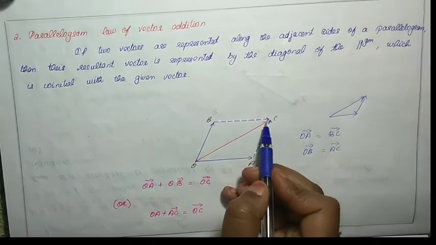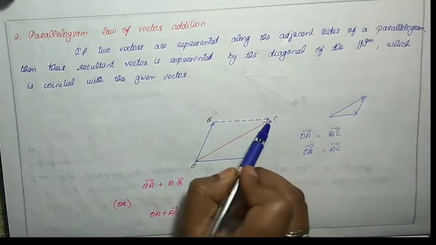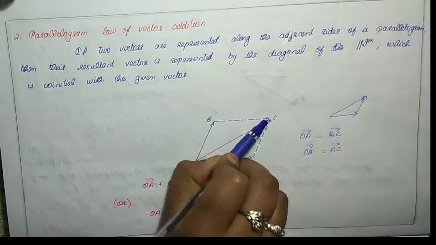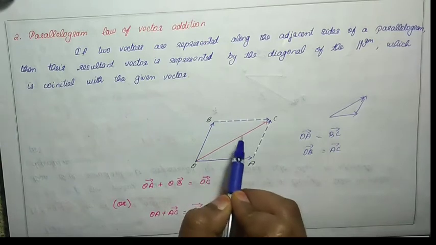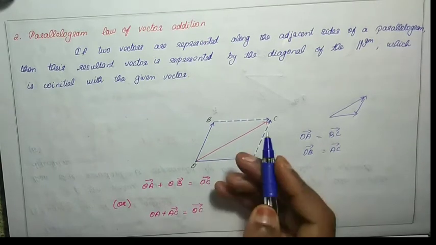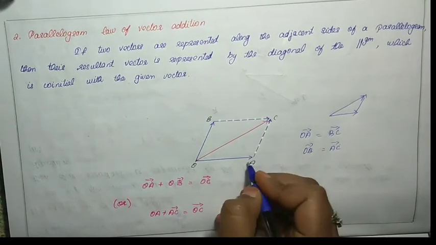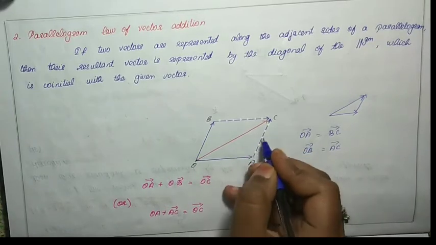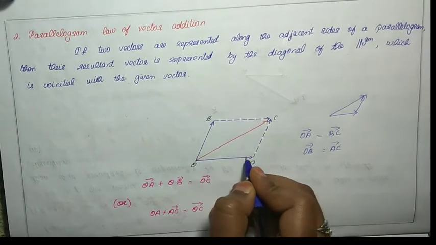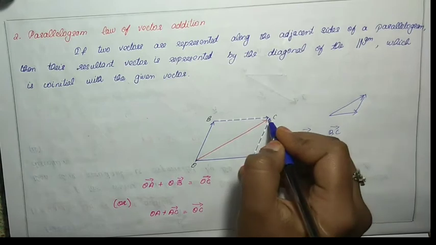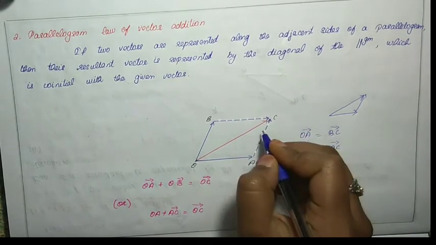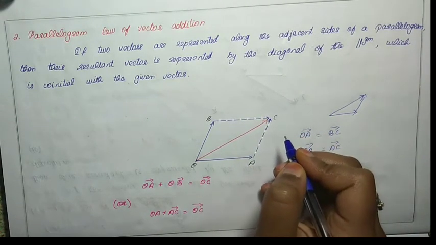If I draw a diagonal for this parallelogram, you will find that two triangles are formed, right? Taking these two sides, see, this vector is going this way and this vector is going this way. We have already learned this in the triangle law of vector, right?